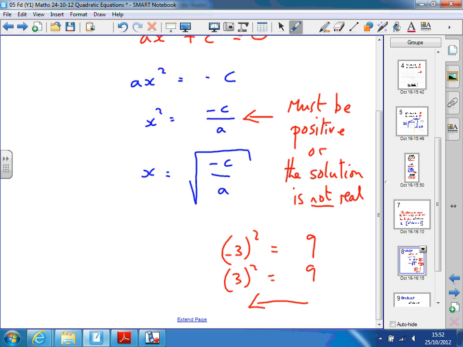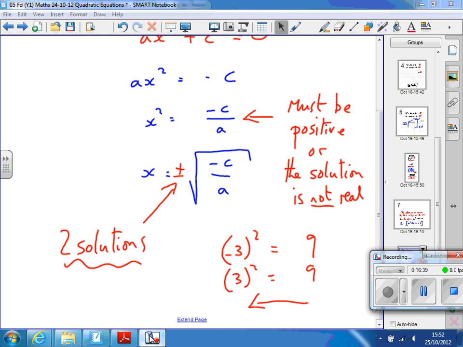So when I square root, I always end up with plus or minus the answer. And that's the reason why there's two solutions. Because when you square root, there's always a possibility that it's positive or negative. So that's what gives you the two solutions when you solve a quadratic equation.